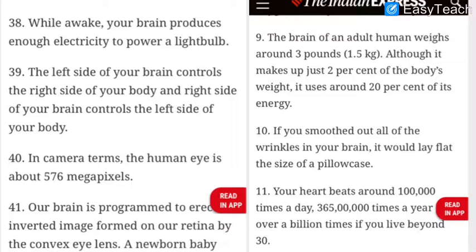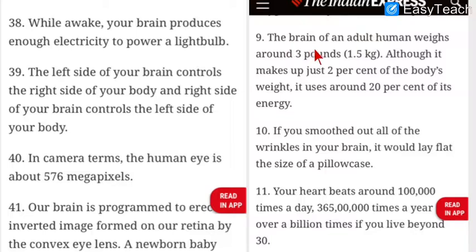This is really interesting. In camera terms, the human eye is about 576 megapixels. So, this much we can zoom in and see, and really our eyes are no less than an ultra HD camera. We can even see the moon and sun with our eyes.